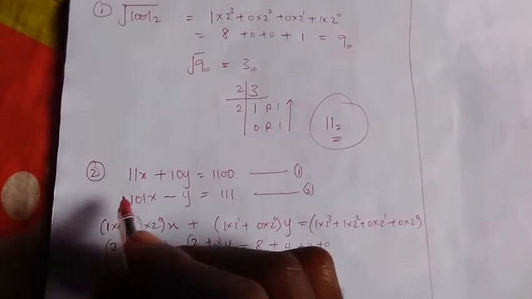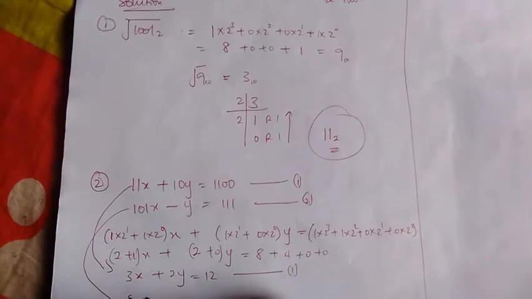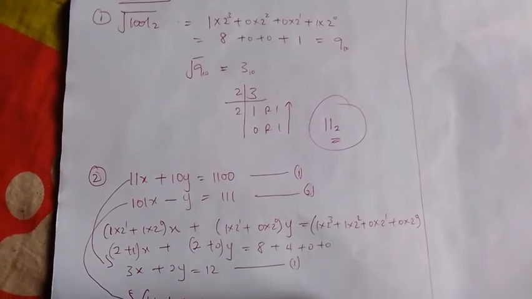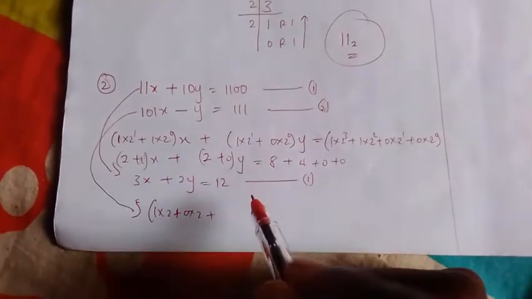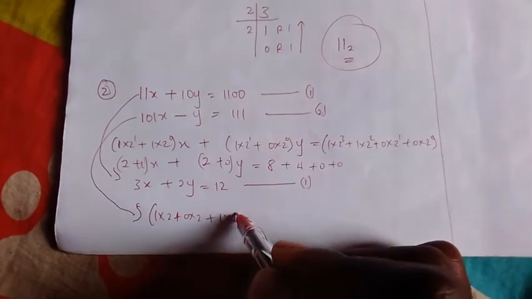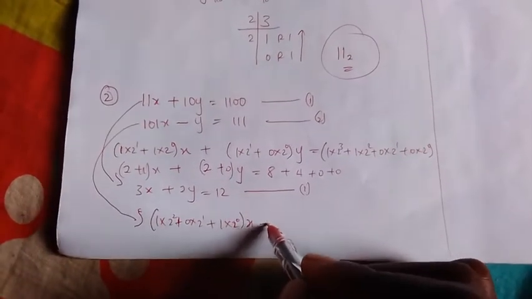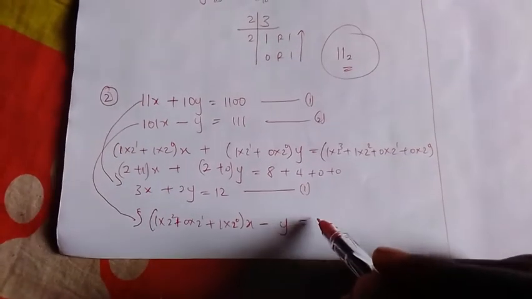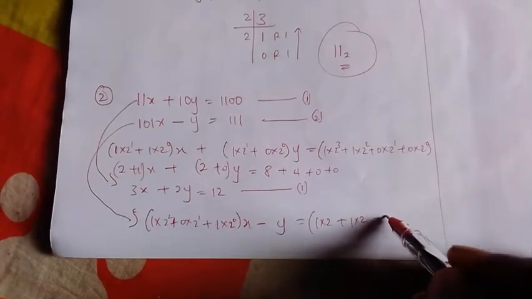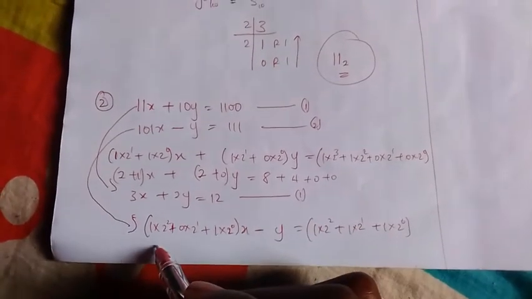Now, from equation 2, we have 1 times 2^2 plus 0 times 2^1 plus 1 times 2^0, all times x, minus y, equals 1 times 2^2 plus 1 times 2^1 plus 1 times 2^0.